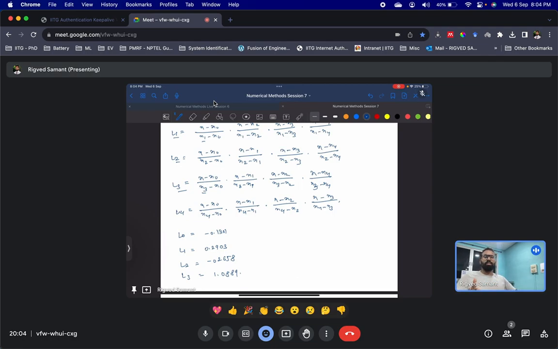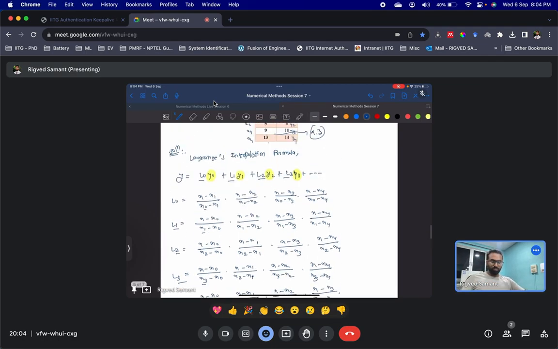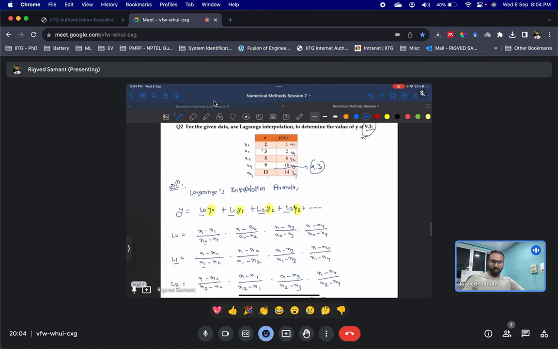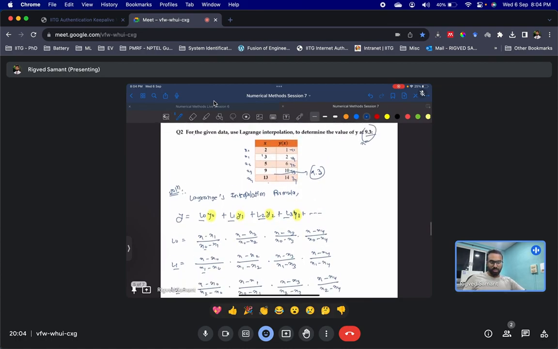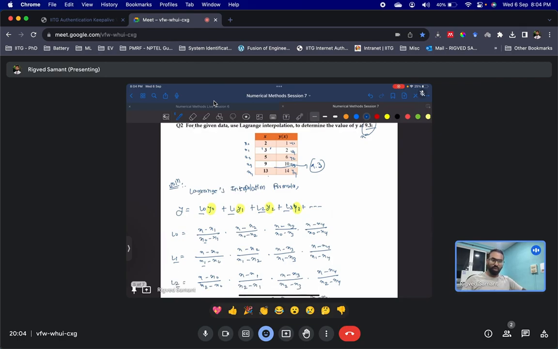So I'll just repeat what I have done. We are doing Lagrange's interpolation because the difference between two data points is not constant. In Lagrange interpolation, the formula is y is equal to L0 y0 plus L1 y1 plus L2 y2 plus L3 y3, going till the point n minus 1.